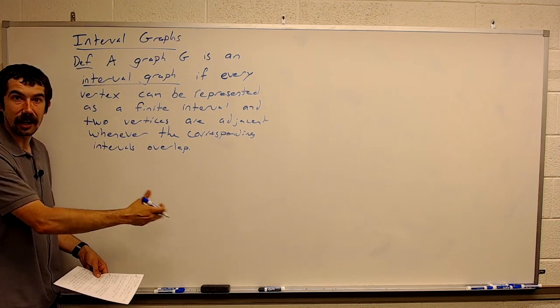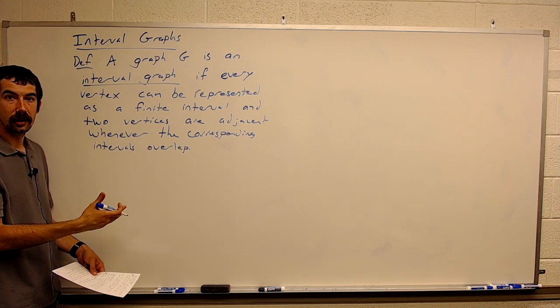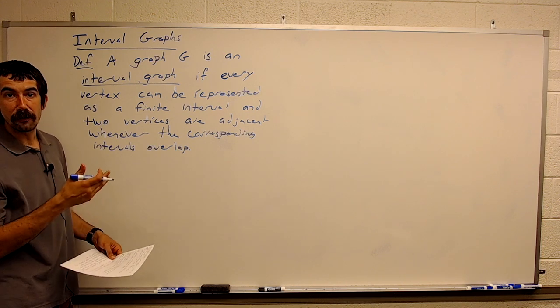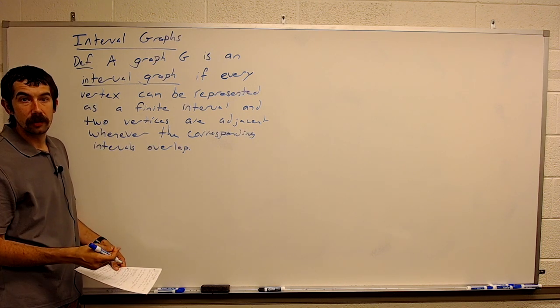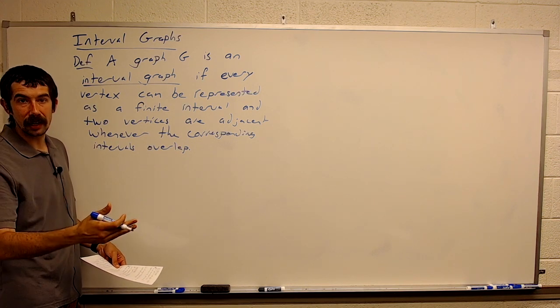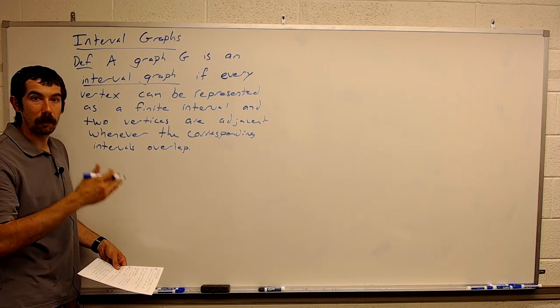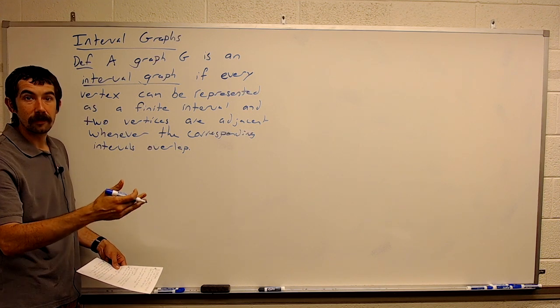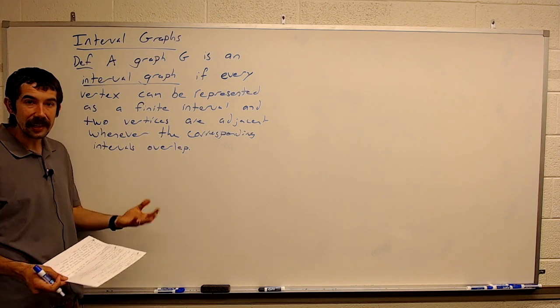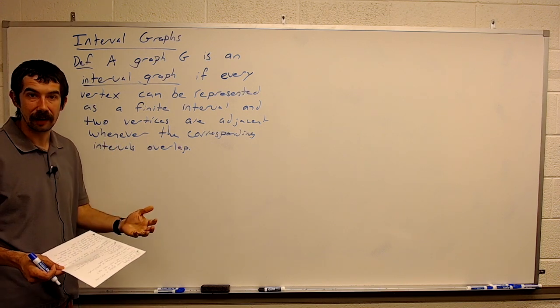So the times that the classes are running, those are intervals. And these classes are going to need different classrooms if the times overlap. Right? So if math class goes from 12 o'clock to 1 o'clock, and art class goes from 12:30 to 1:30, there's overlap there. So we're going to need different classrooms. And we're going to assign these classrooms using coloring.